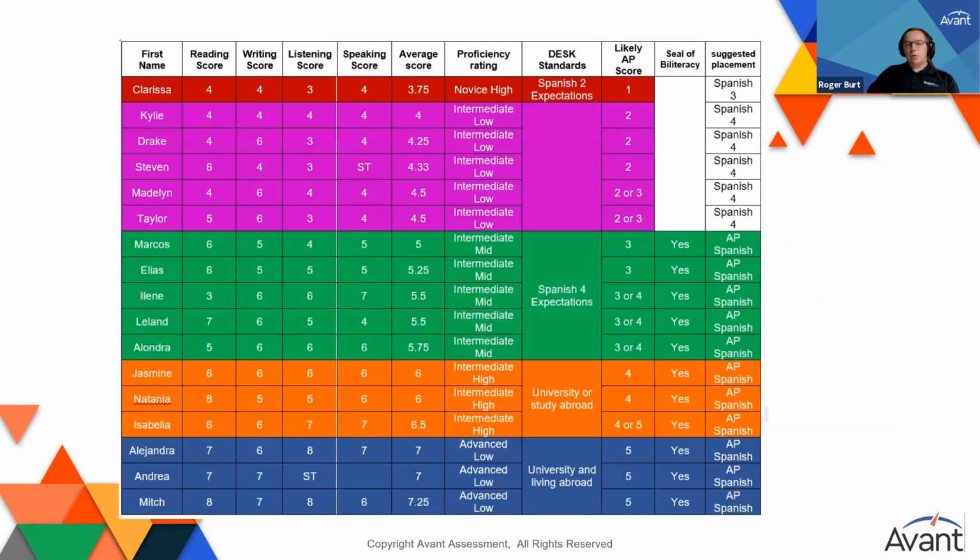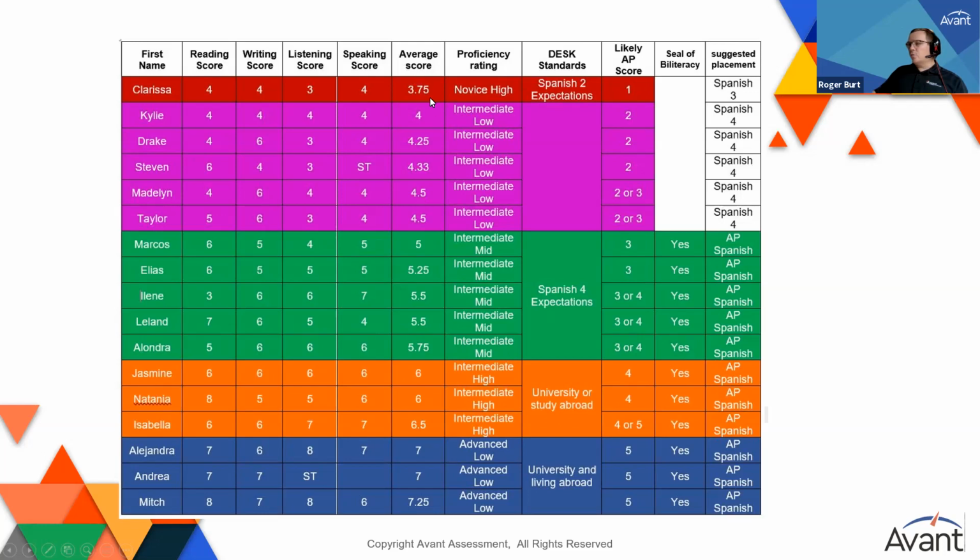So I mentioned how we did our horizontal alignment between my colleague and I. So here is a visual. We can see our students here, some of the students that took the STAMP test. We have each of their skill scores broken down here in columns.